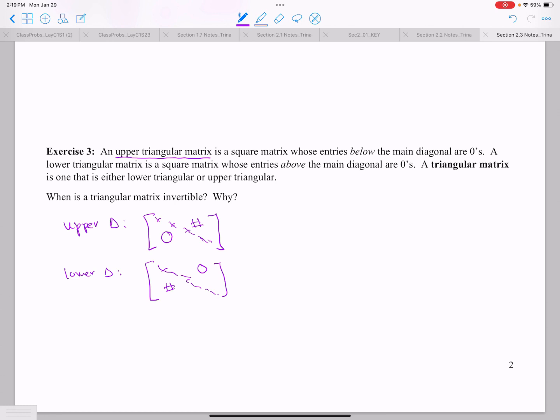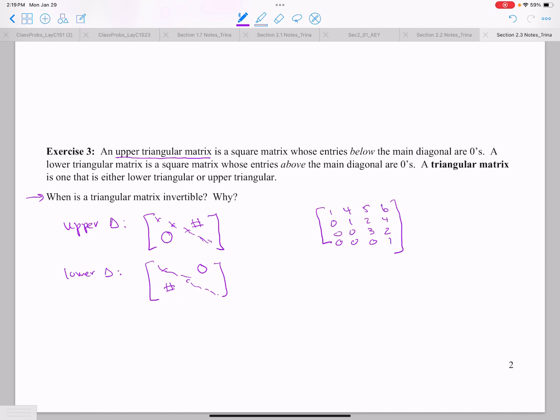Thinking about a triangular matrix, we want to think about when is a triangular matrix invertible. I'm just going to think about an upper triangular matrix. I can see that I will have 4 pivots. Because I have 4 pivots, I know that this is invertible.